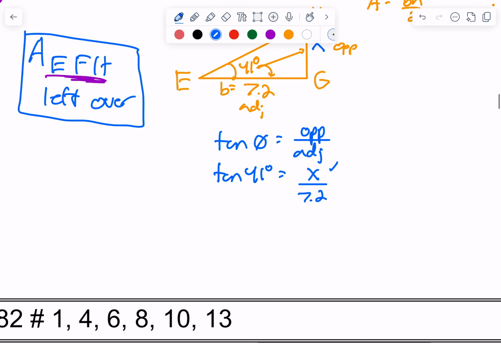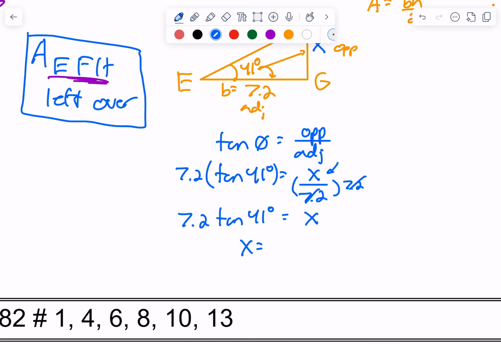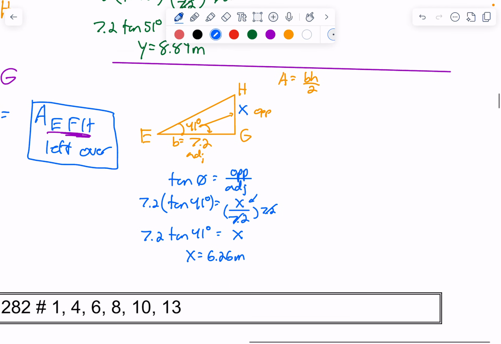Isolate for x, so multiply both sides by 7.2. You get 7.2 tan 41 degrees is equal to x. So 7.2 times tan 41, I get an x value of 6.26 meters.